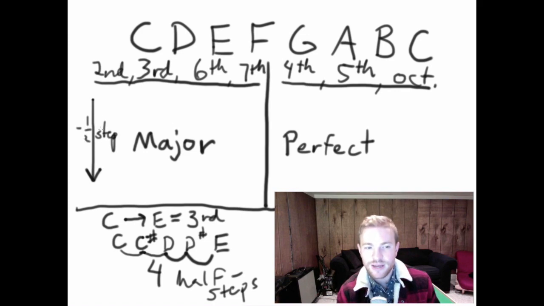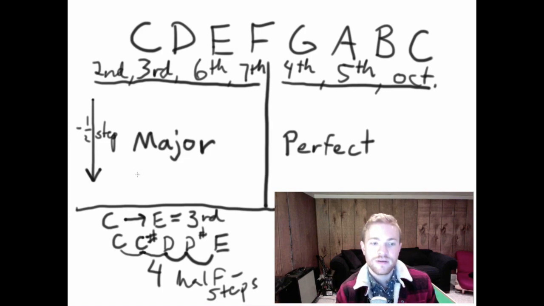And when I say minus 1/2 step, what I mean is that as we go down the chart this way, we're going to be shortening the interval or making the interval smaller by 1/2 step at each step on the chart. Okay? So if we take a major third and we make that interval 1/2 step smaller, right?